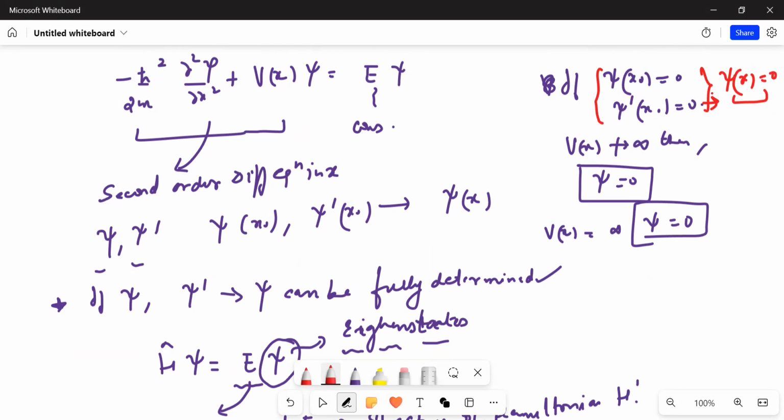So if at a point x naught you have psi(x) is 0 and psi dash(x) is also 0, then since psi dash is 0 means psi must be constant, and at a point it is 0, psi(x) must be 0. So this trivial solution is the only solution in that scenario. For V(x) equal to infinity, yes, indeed psi has to be 0. But if this condition is given, then psi is 0 irrespective of the potential being infinite.